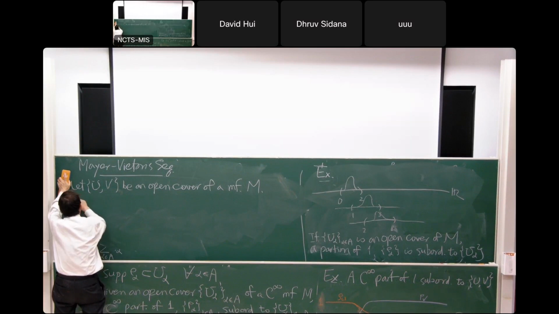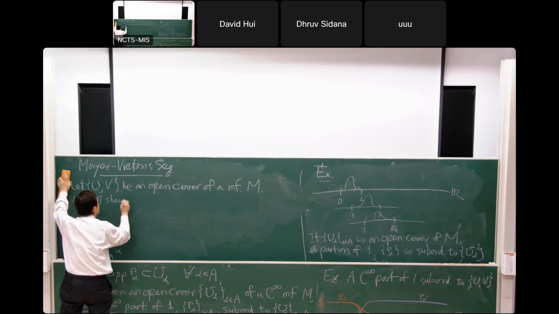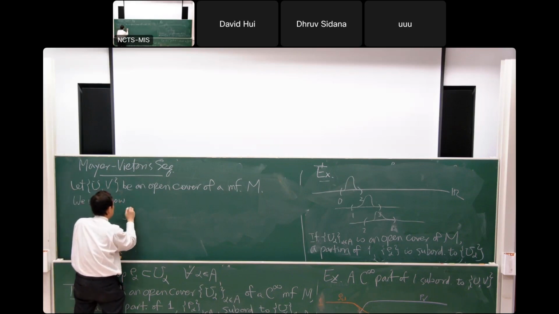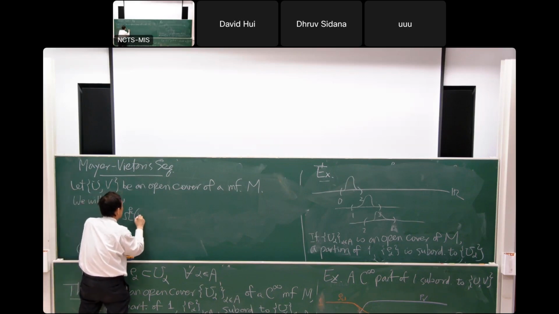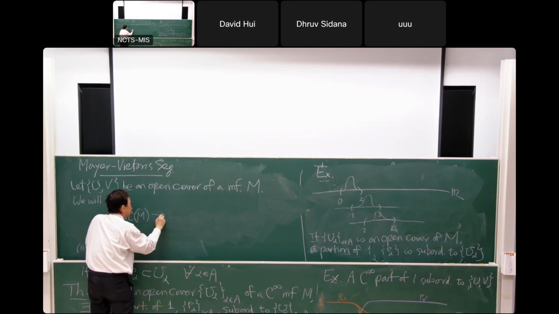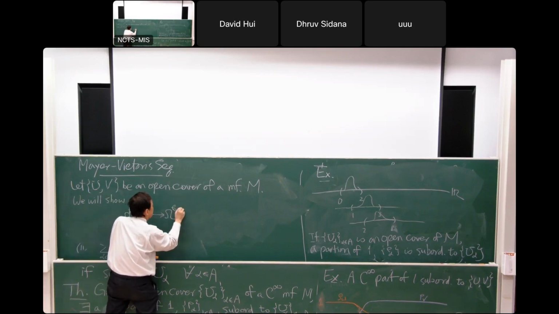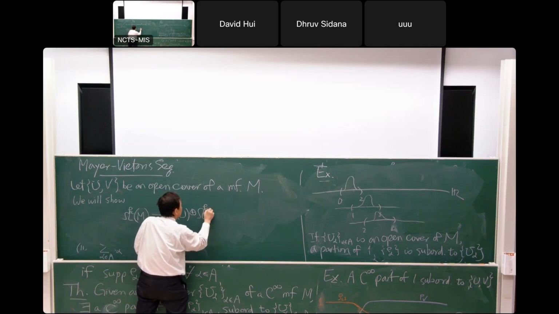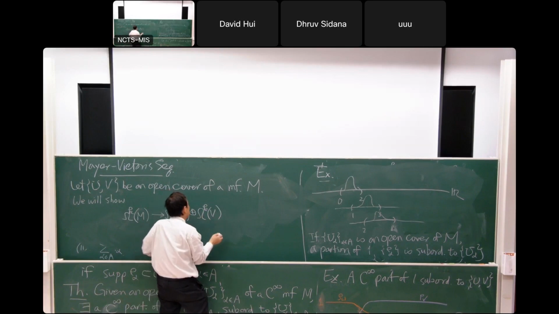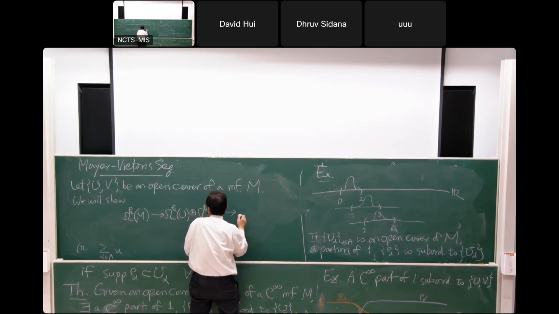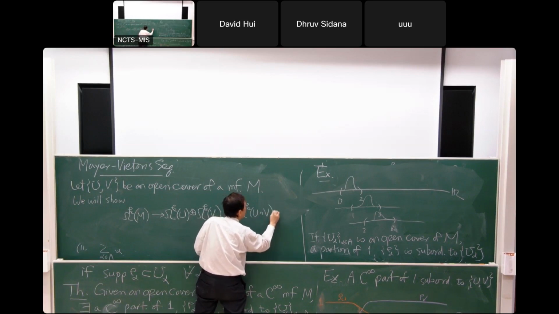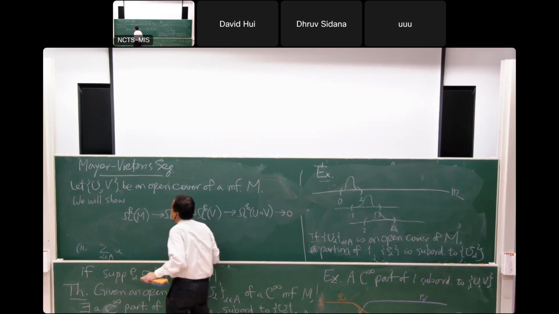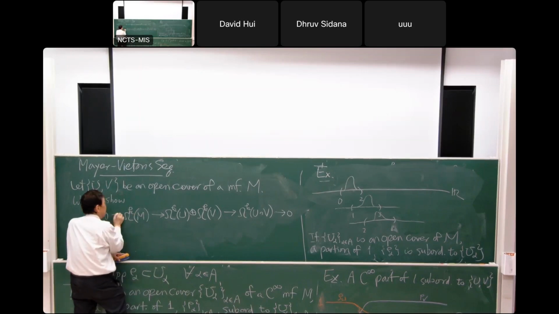And we need a short exact sequence. So we will show that this sequence from M to U, V to the intersection is short exact.